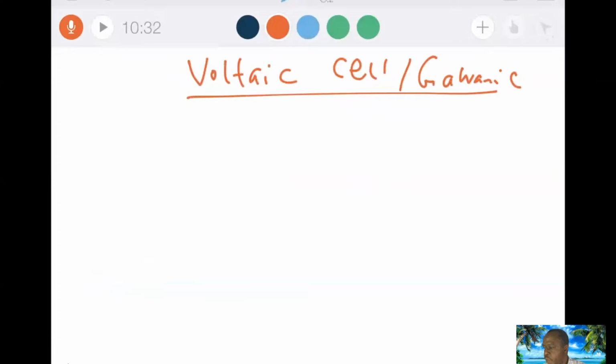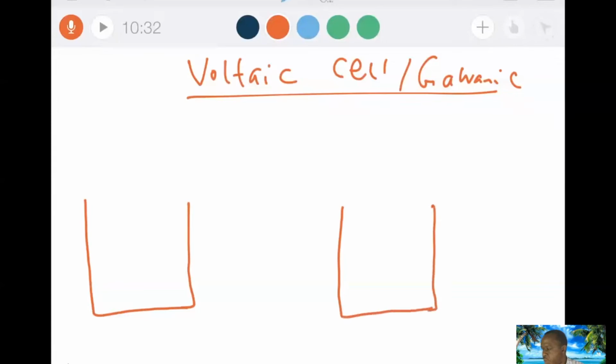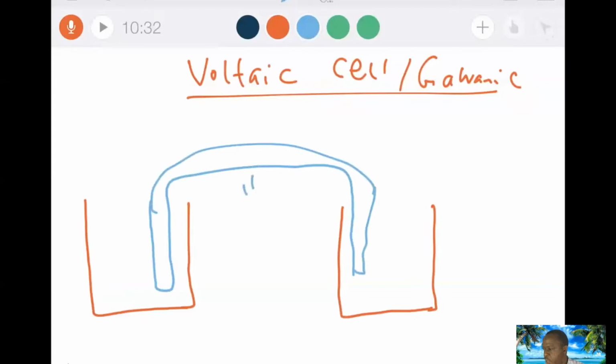It consists of two half cells. These are the two half cells. I'm constructing a voltaic cell with what we call the salt bridge.